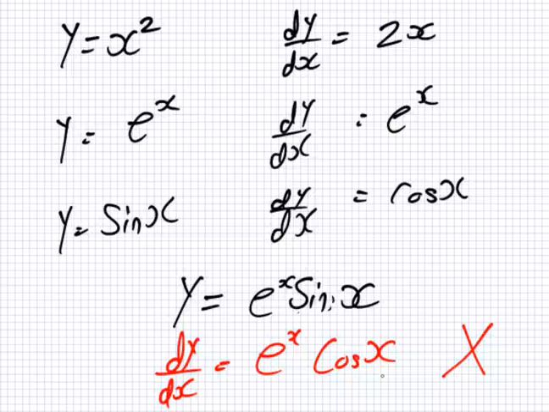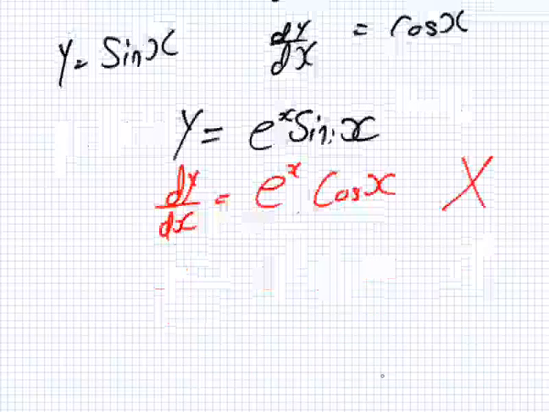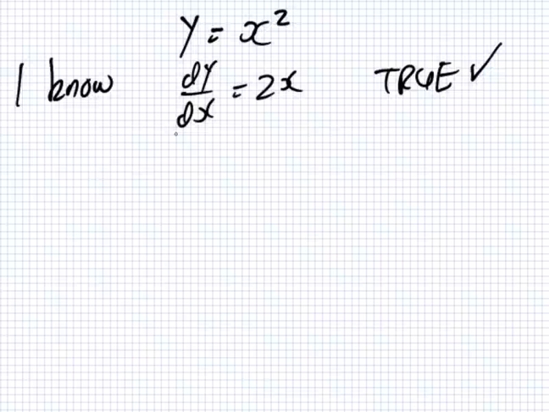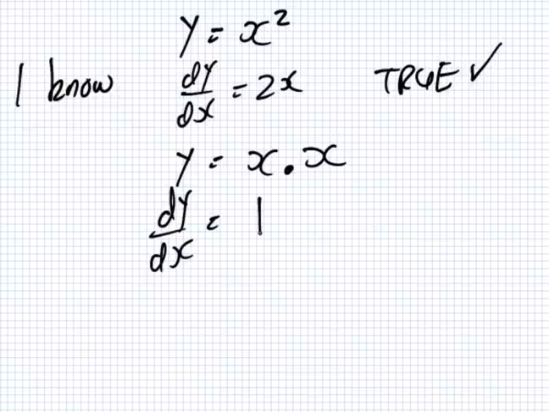Alright. So, just a little bit of a refresher. If y equals x squared, everybody knows dy/dx equals 2x. If y equals, for example, e^x, dy/dx is e^x. And if y equals sin x, for example, dy/dx equals cos x. So it seems like we should be able to do this.